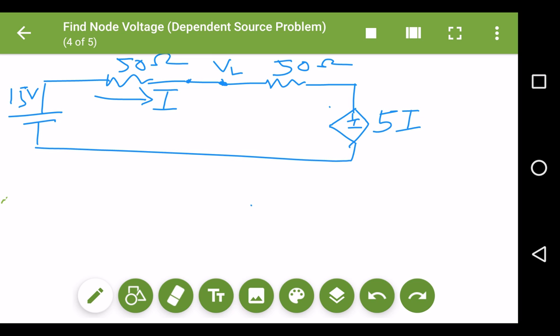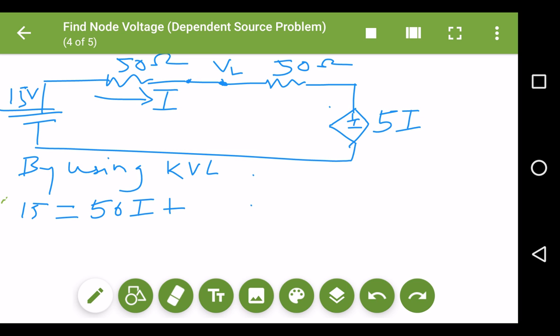Now I can easily find the value of I in this circuit by using KVL. So starting from the voltage source, the voltage source 15 is equal to this 50 ohm plus this 50 ohm I into I, and this value gets subtracted because we are traveling in this direction, so the positive voltage is up and negative voltage is down, so minus 5I.